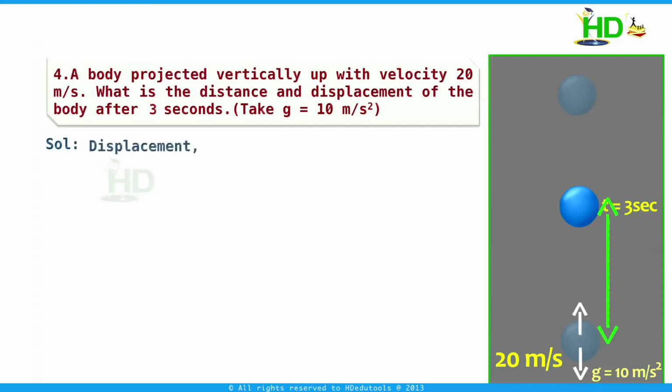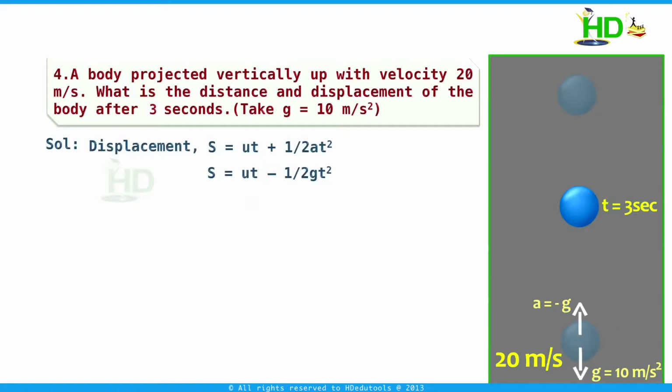Now the displacement is nothing but s is equal to ut plus half at square. In this case, the initial velocity is 20 meter per second and a equal to minus g, since we are projecting the body vertically up. Therefore, the displacement after 3 seconds is s is equal to ut minus half gt square.